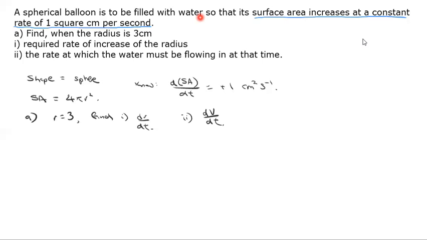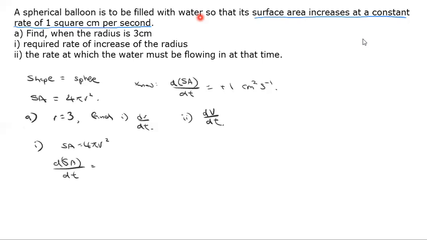So let me run through how we do this question. For part 1, this is just all the interpretation, so that's just to be clear as to what you would need to do. So part 1, we know that SA equals 4 pi r squared. So we know dSA dt. I'll just rewrite this information out. We want to find dSA dt because we know that's plus 1.